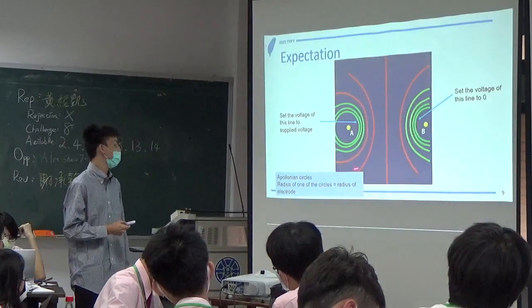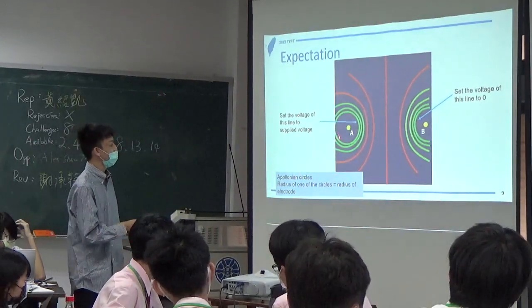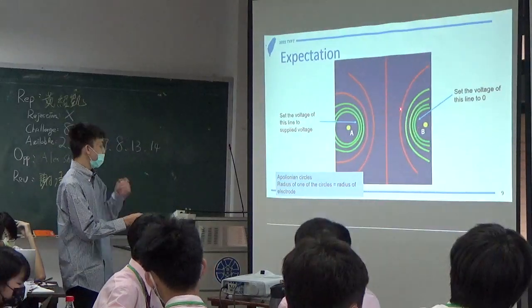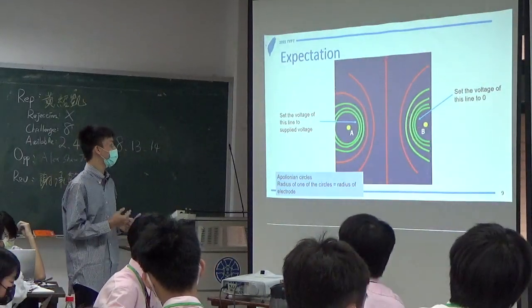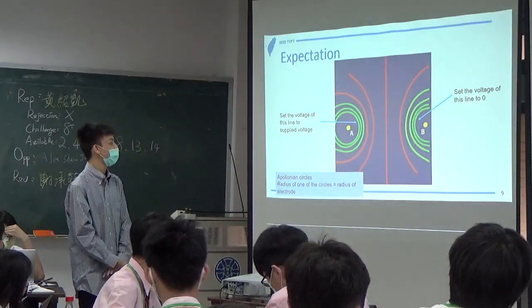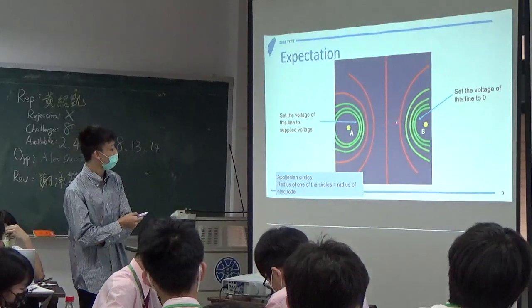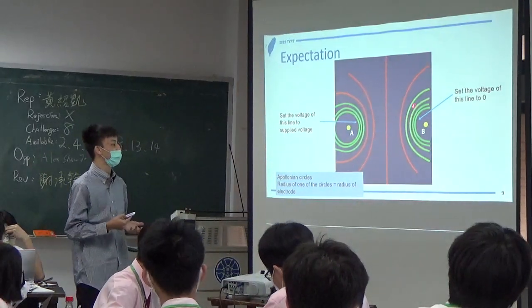These happen to be Apollonian circles, with the radius of one of the circles being the voltage of the electrode surface. So we can model our expected voltage distribution using the Apollonian circle model.